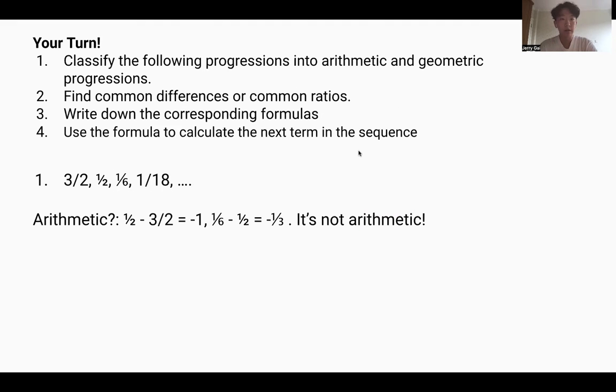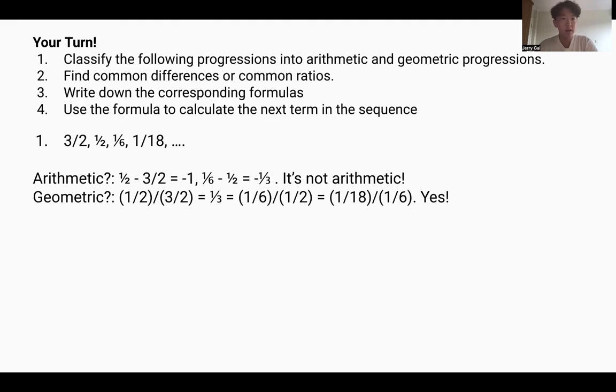Great. So let's look at the first question. Let's first check if it's arithmetic. We subtract the first term from the second term and we get -1. But if we subtract the second term from the third term, we get -1/3, which is not equal to -1. So this is not arithmetic. Then let's check if it is geometric.